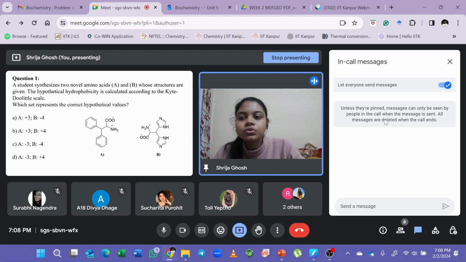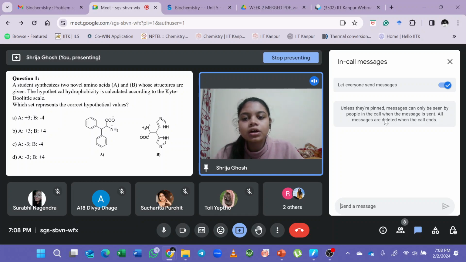So we have two structures, and we were asked the hypothetical values for the Kyte-Doolittle scale. What is the scale? The scale is basically the hydrophobicity scale.